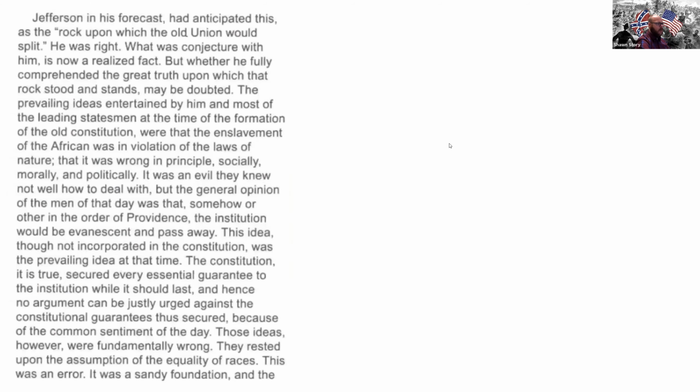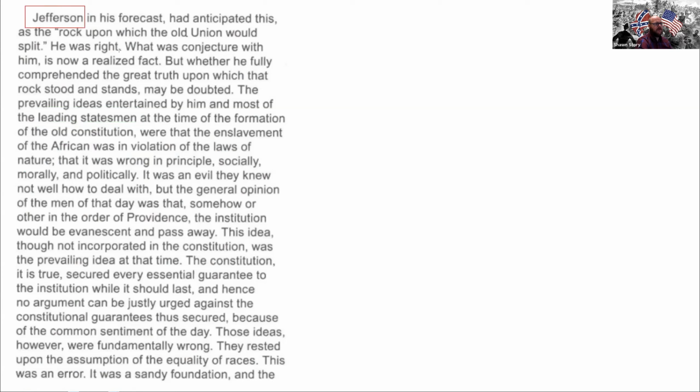among us. So I'm going to go back and talk about the big picture of what he's talking about here. He starts off talking about Jefferson, one of our former leaders and a leading statesman who created our Constitution.